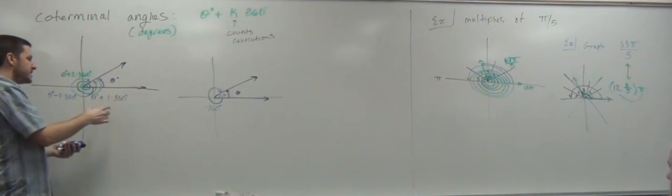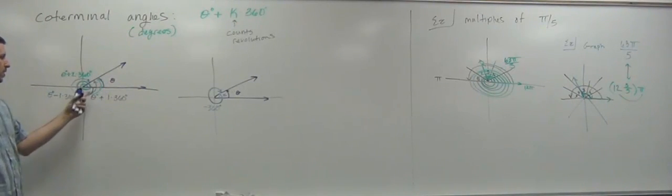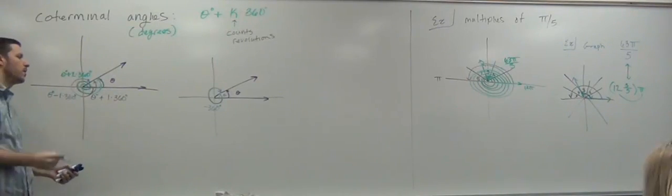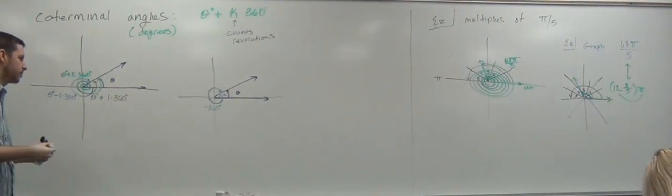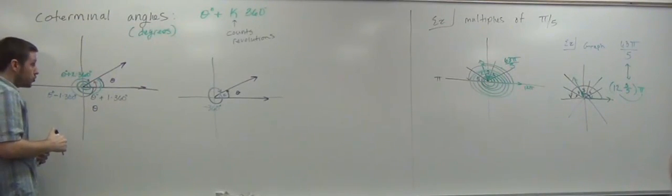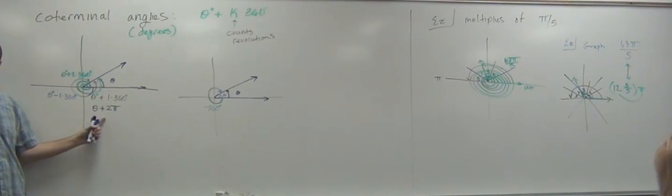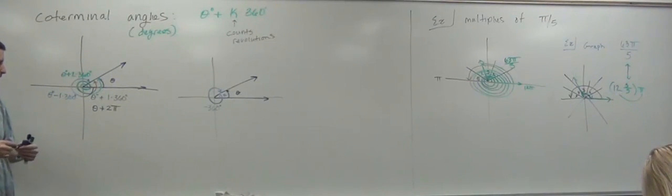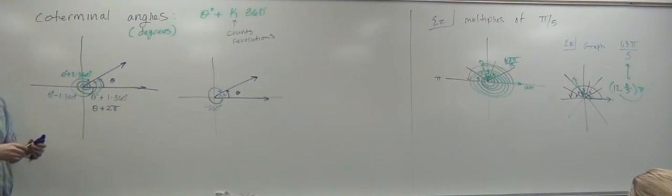If I wanted this in radians instead of degrees, suppose I had theta radians, and I went 1 revolution first, and then I landed at the same place, so looking at the black arrow, what would it be in radians? What's 1 full revolution in radians? 2 pi. So in radians, you have to add 2 pi to get that extra revolution. What about the green guy that has 2 extra revolutions?